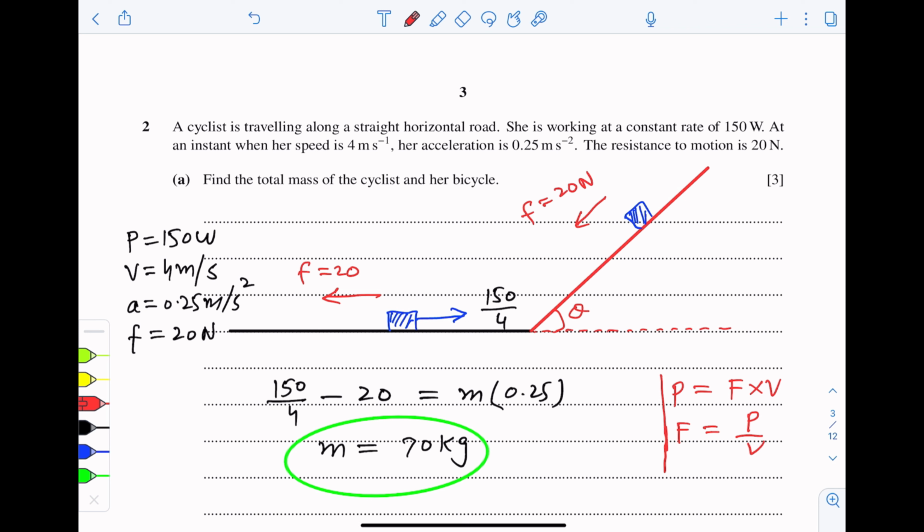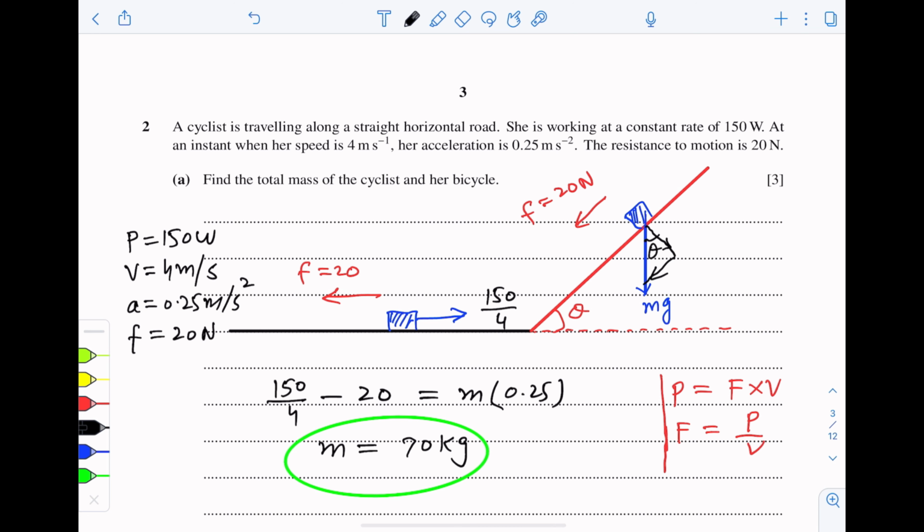Now here in this case, the component of weight will be considered. So weight acts vertically downward. This is the weight mg. Components of the weight: perpendicular to the plane, and this component is along the plane.